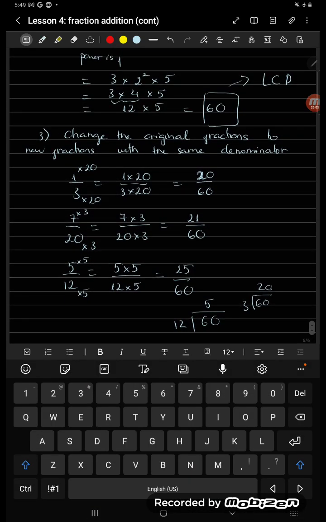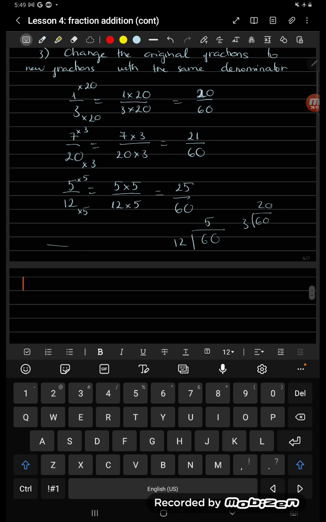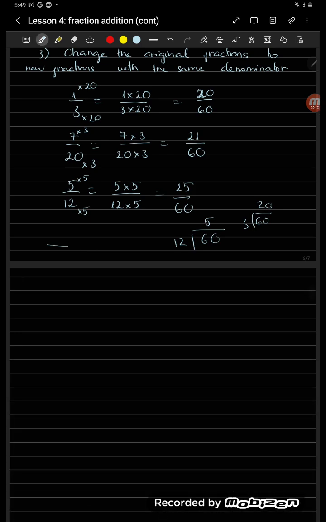And after you get this, now you have all the new fractions with the same denominator 60. So just add all of them together: 20 over 60 plus 21 over 60 plus 25 over 60.